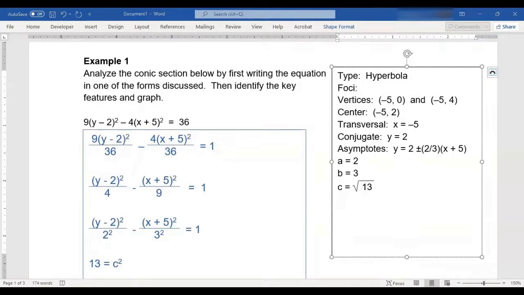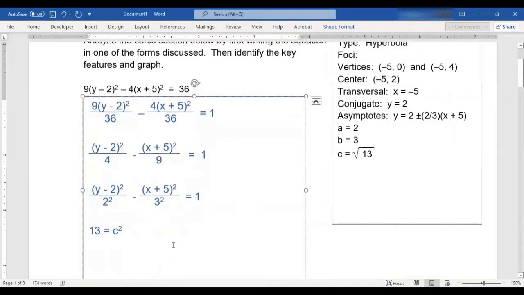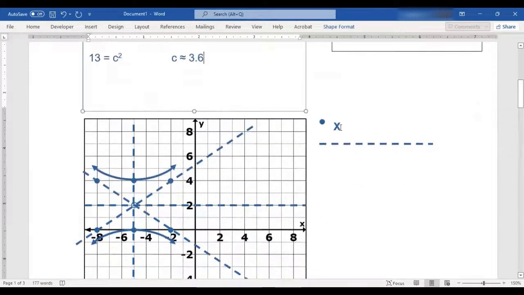And just to get an idea here, the square root of 13 is about 3.6. So I always like to get an idea of it because in order to graph it, I need to have some sense of how far to sketch it. So I need to move about 3.6 away from the center for my foci.